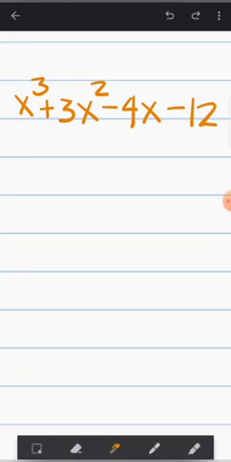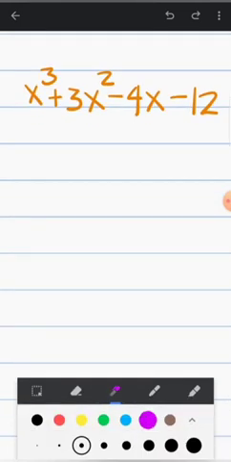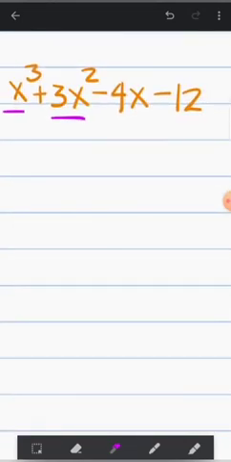Done? If you have no idea how to do this, the technique is still factoring by grouping. First things first, all you need to do is check whether this term divided by this term is equal to this term divided by this term.